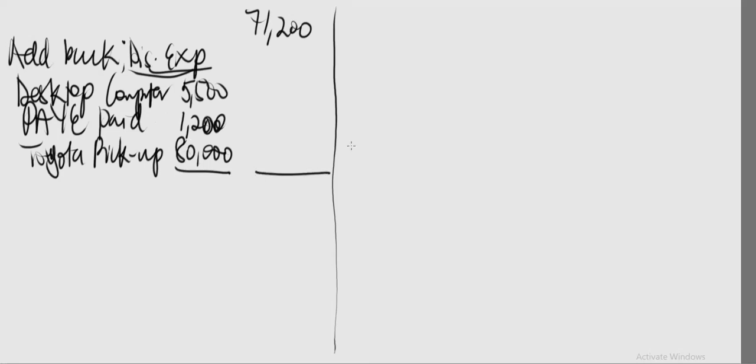We have 5,500 plus 1,200 plus 80,000, and that gives us 86,700. So 86,700 plus 71,200 gives us 157,900 as our adjusted profit.